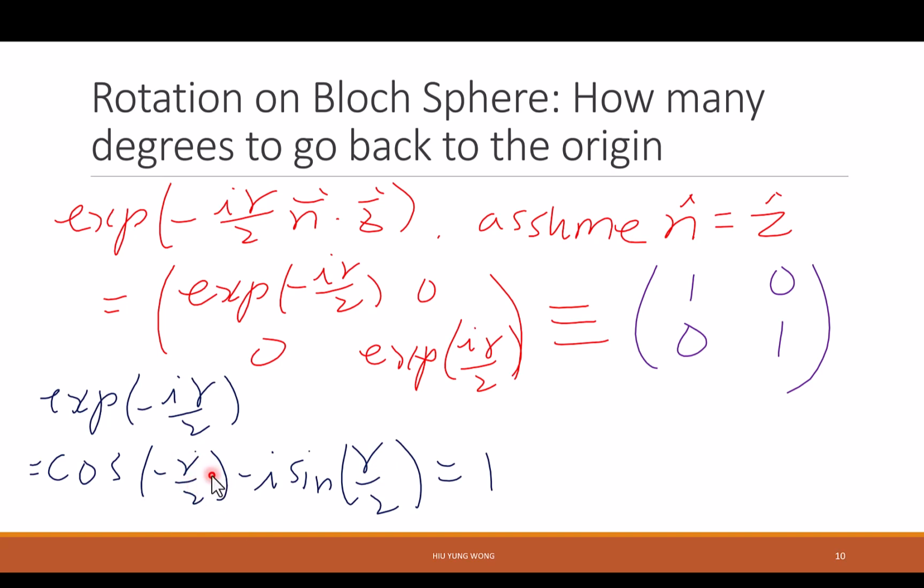Cosine 2 pi divided by 2, that's cosine pi, which is negative 1. Still not equal to 1. Then the next one must be 4 pi. 3 pi, again, you make this one not equal to 0. So you find that the smallest number is gamma equals 4 pi.